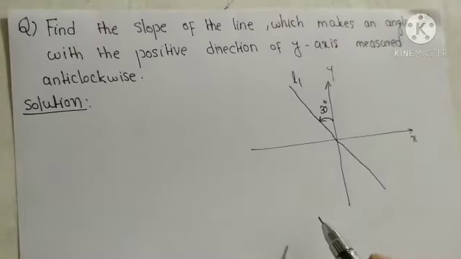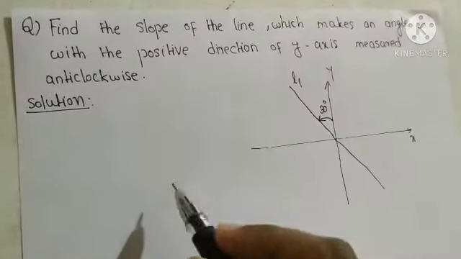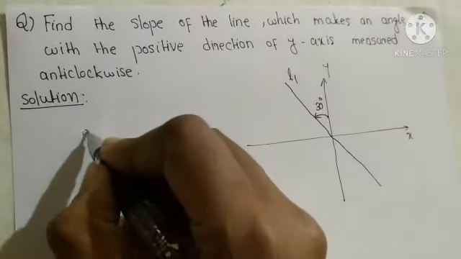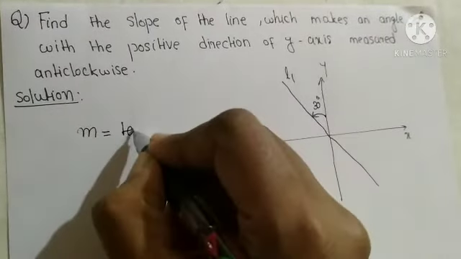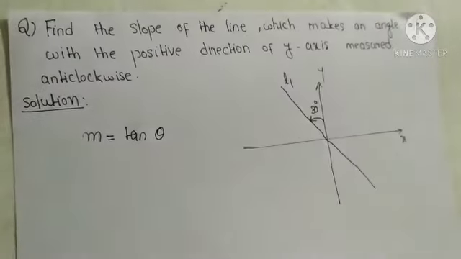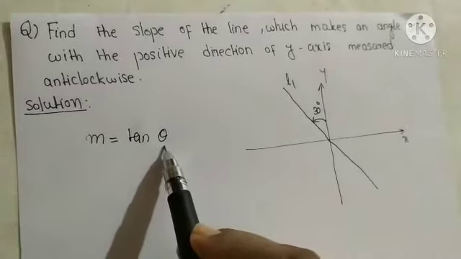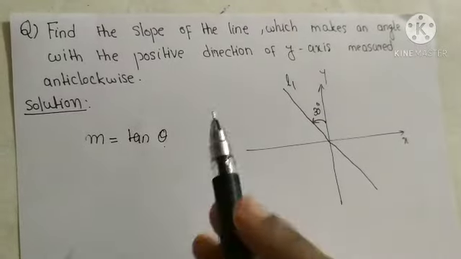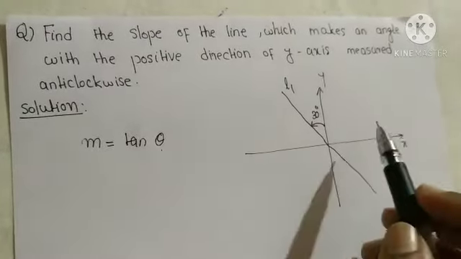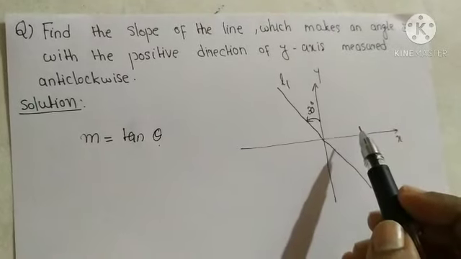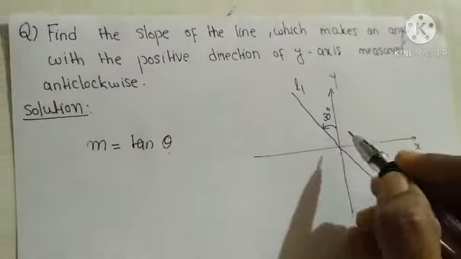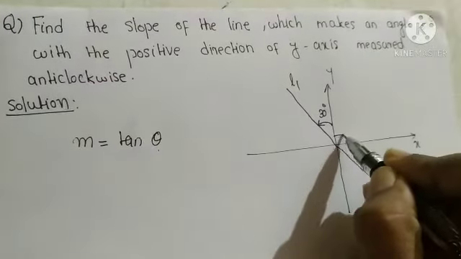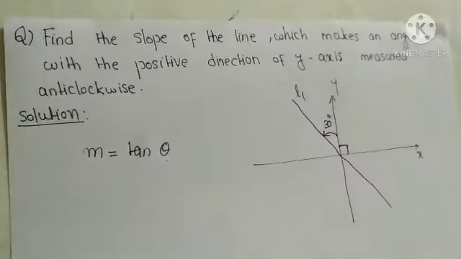So we have to find the slope of the line, and if inclination is given, we know that it is tan theta. But here theta is the inclination, or angle made by the positive direction of x-axis measured anti-clockwise, right? So we know that this angle is 90 degree.